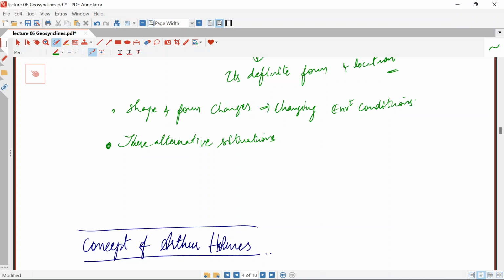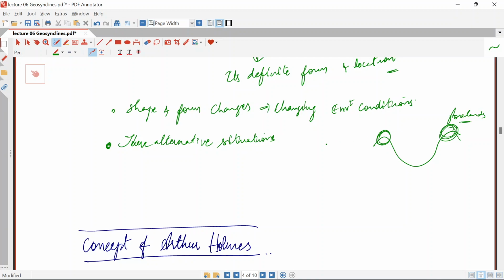Initially, what scientists like Dana and Hall said was that it forms in a water body, and it will have hard rocks, or lands, on both the sides.